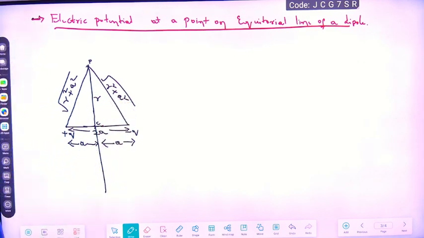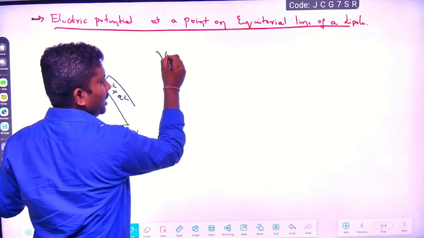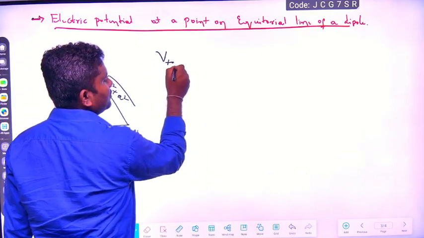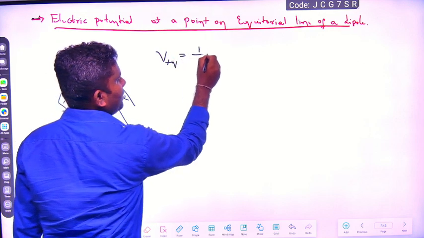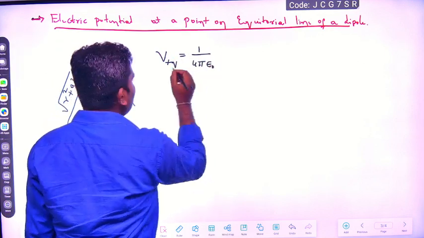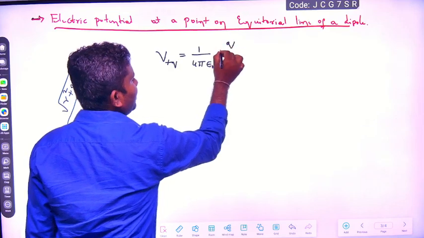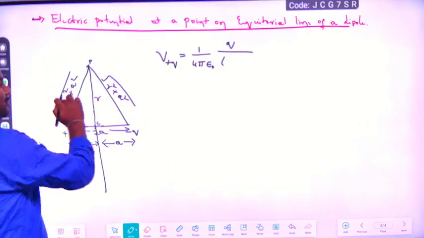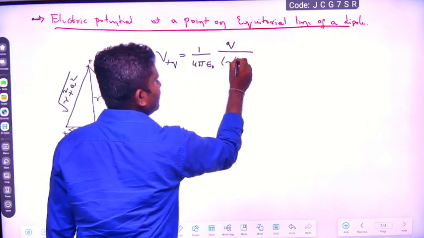Now what is the electric potential at this point P? Due to the positive charge, V plus Q equals 1 by 4 pi epsilon naught times Q divided by the distance between the point P and the charge, which is under root r square plus a square.